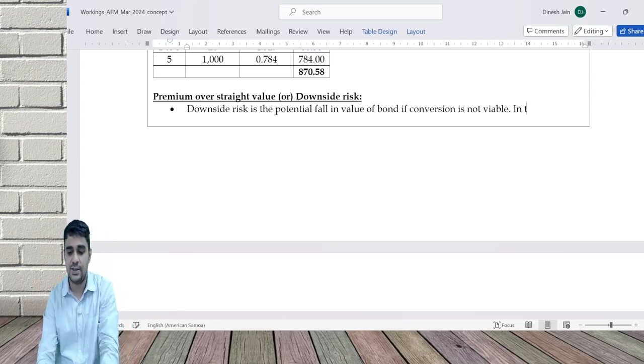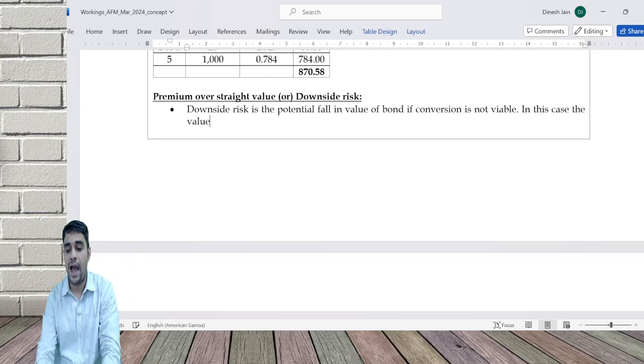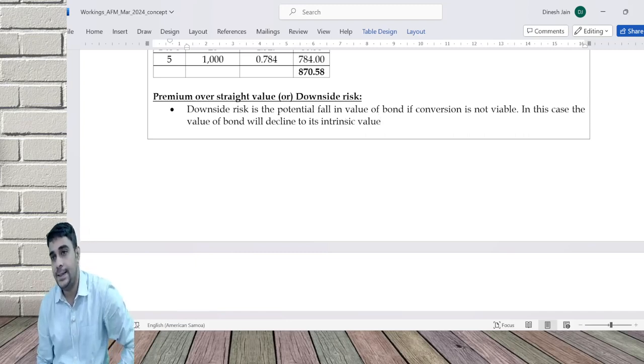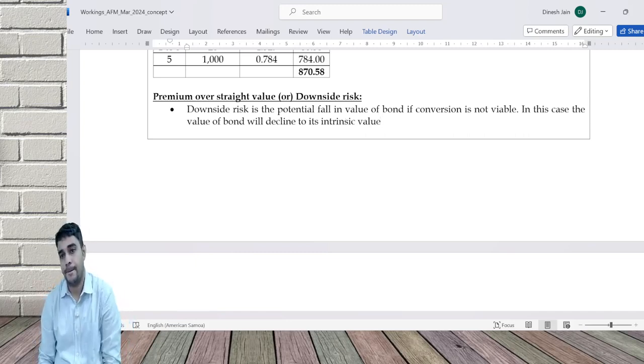In this case, the value of the bond will decline to its intrinsic value. From today's price, it will go down to its intrinsic value.